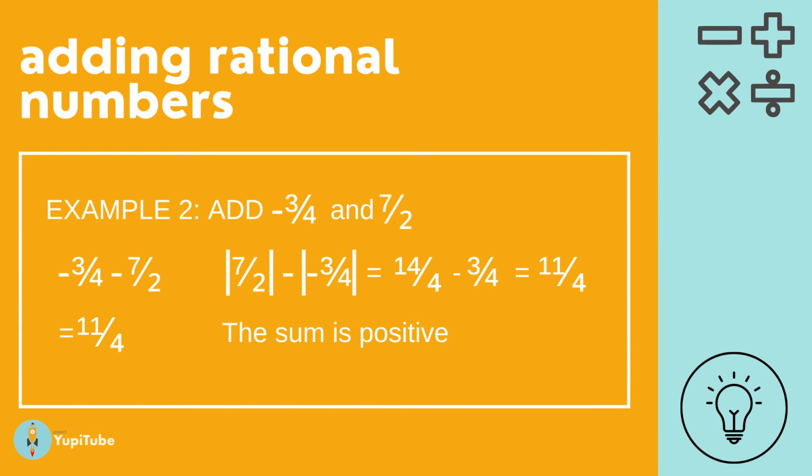Now, let's subtract their absolute values. 14 over 4 minus 3 over 4 is equal to 11 over 4. So the sum is positive since the absolute value of 7 over 2 is larger than the absolute value of negative 3 over 4.